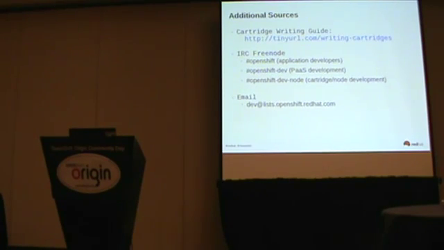So on Freenode, the runtime team likes to hang out on OpenShift dev nodes. If you start writing cartridges and you have questions, if you want to ask us what we were thinking about when we wrote some VSO code, we'll probably plead ignorance and blame it on someone else. That's always a good one. We also hang out on OpenShift dev.